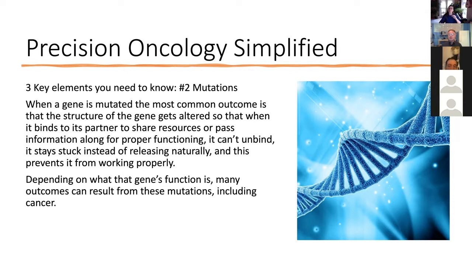When they occur in tumor suppressor genes, and tumor suppressor genes are a class of genes that prevent tumors from growing, basically what they do is they inactivate those tumor suppressor genes so they can't function anymore. So depending on the gene's function, the outcome will be either the gene's turned off completely or turned on all the time.